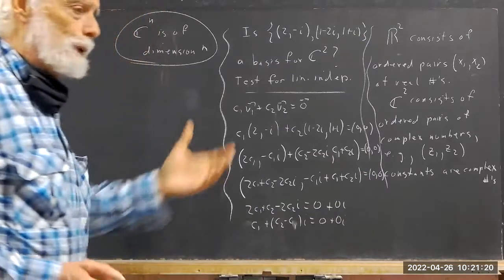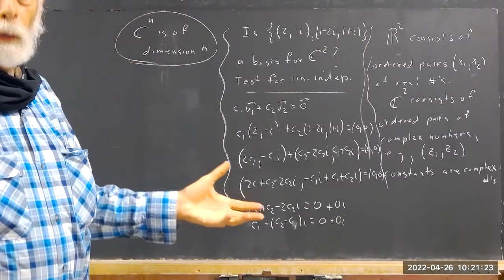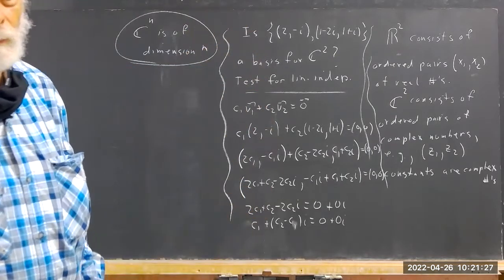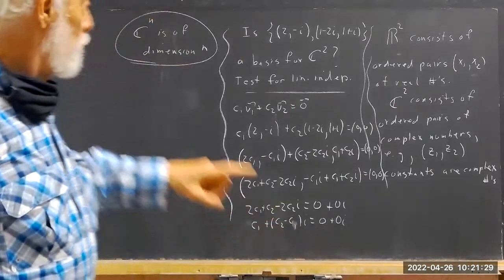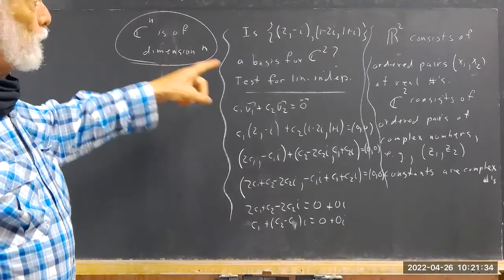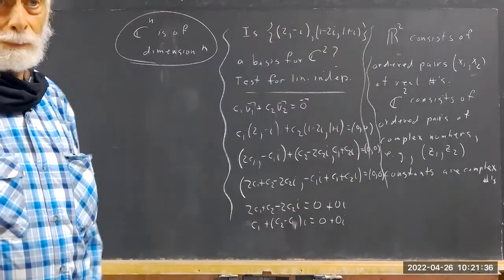I think there's even some, I don't know if I assigned it, in C4. All you have to do is test for linear independence. Once you know that Cn is of dimension n, you know you need n vectors in your basis.